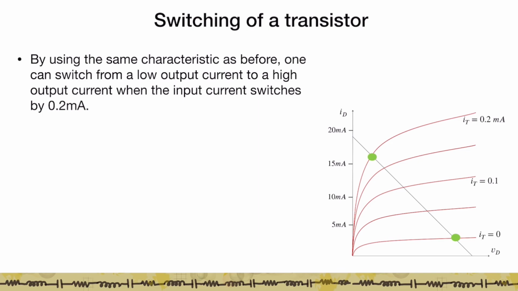Your ID can either be close to 1 milliamp or 2 milliamps, or can go as high as 15 milliamps, right? So as long as I'm able to switch between my IT levels of 0 and 0.2, I will be able to stay at these 2 stable states, and I can code them as a 0 or a 1, right?